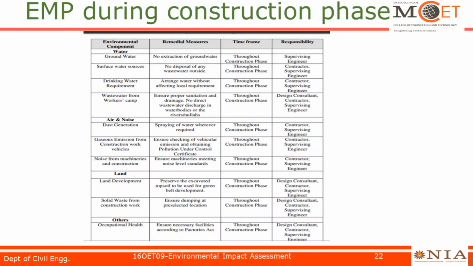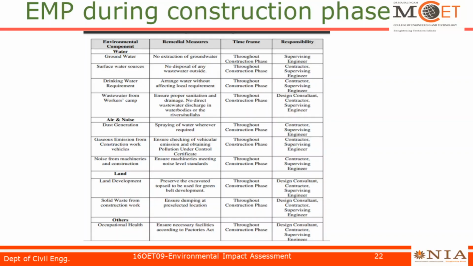Drinking water requirement, arrange water without affecting the local requirements. Wastewater from workers' camps, ensure proper sanitation and drainage, no direct discharge of wastewater into the water bodies such as rivers, right, or nalas. Air or noise, dust generation, spraying of water wherever required so that the dust does not puff off into the air.